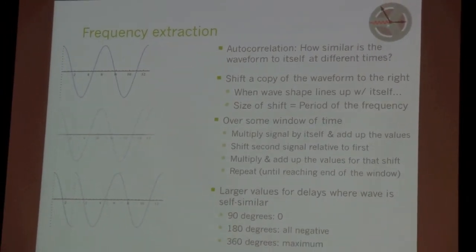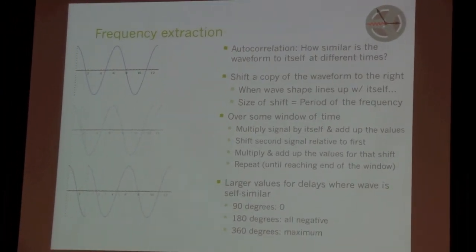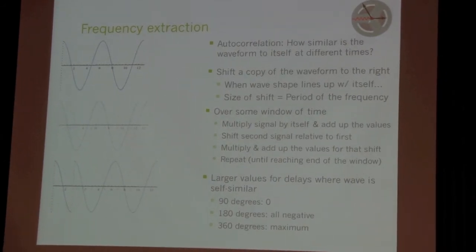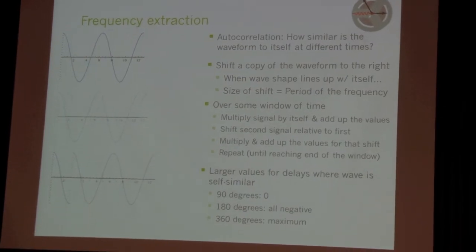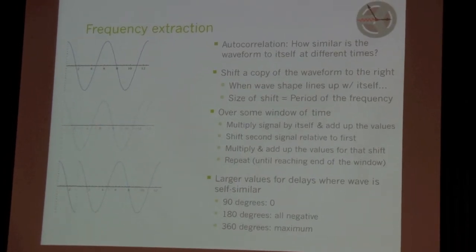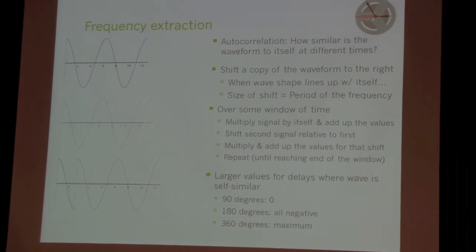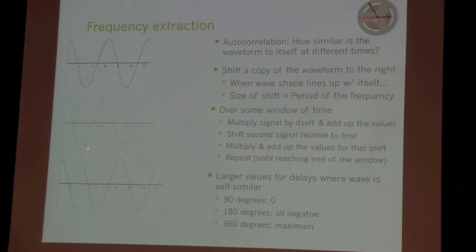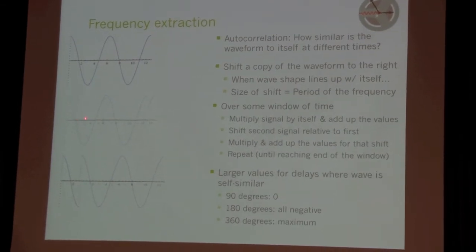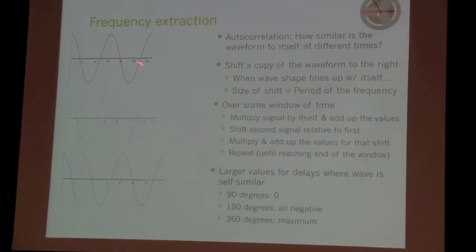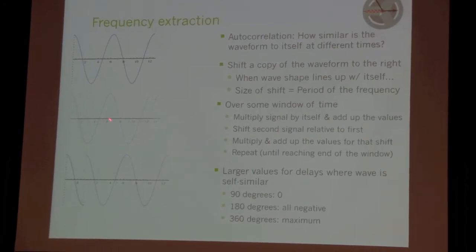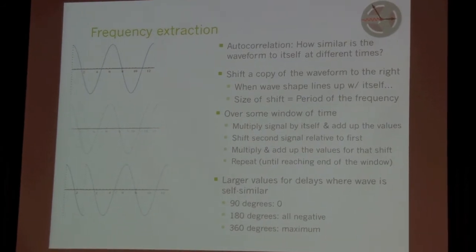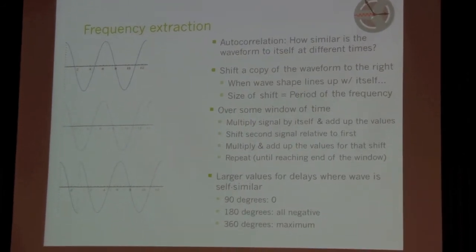So we extracted some amplitude envelopes. How could we extract a frequency envelope as a signal? One technique is called autocorrelation, and all it is, is taking a waveform and making a copy of the waveform, and initially having them lining up on top of each other, and then gradually shifting one of them relative to the other one, and comparing to see when they seem to line up again.